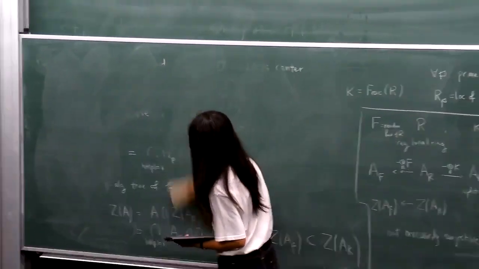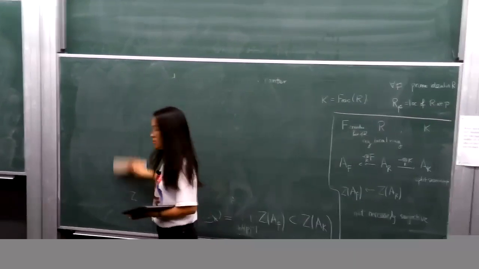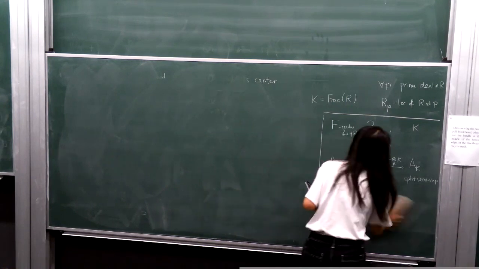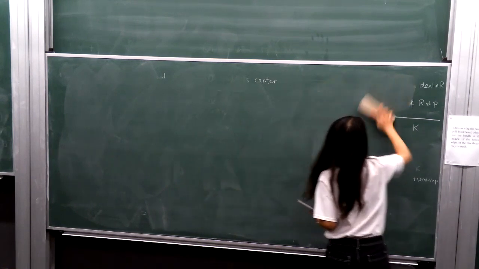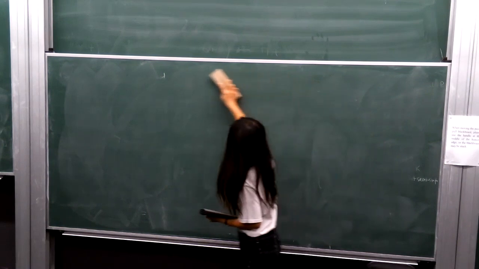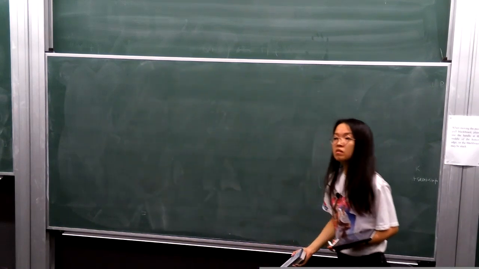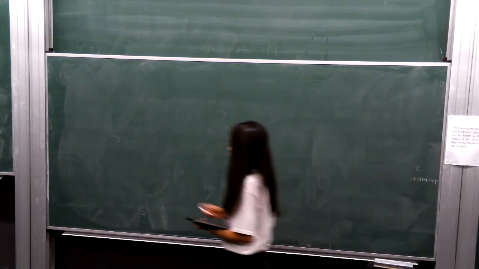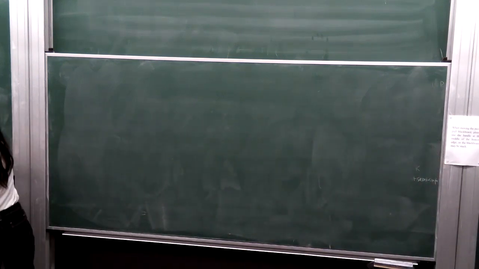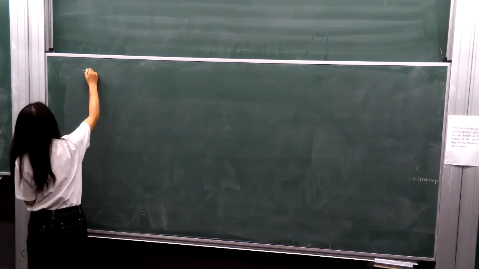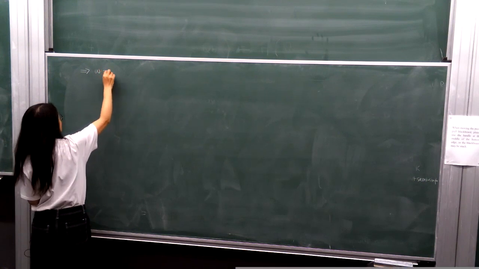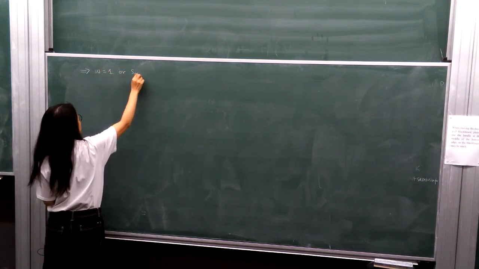If this is the first time you see it, you will need some time to get used to it, but it's not difficult. Why are we only looking at those specific height 1 ideals? I will explain that later. So then this tells you that W is equal to 1 or S alpha.